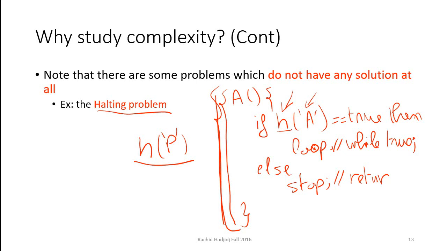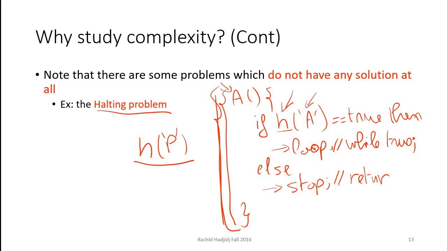So if the program A stops, then it will loop forever. But if the program A doesn't stop, well, it's going to stop. And here is where the absurdity or the weirdness comes into existence. Since A is a program, as you can see, it's just a normal program.